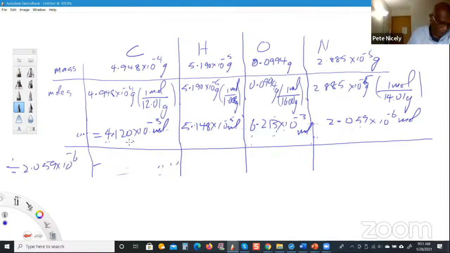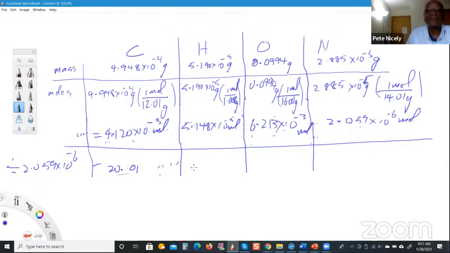When I do that for the carbon, 4.120 times 10 to the minus 5 divided by 2.059 times 10 to the minus 6, according to my calculation, this works out to be 20.01.